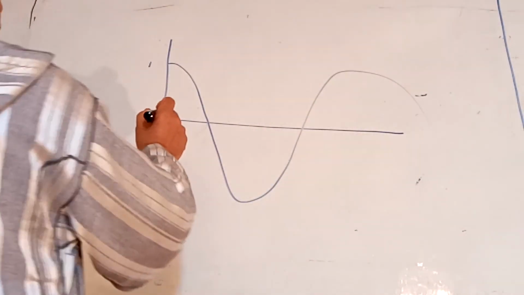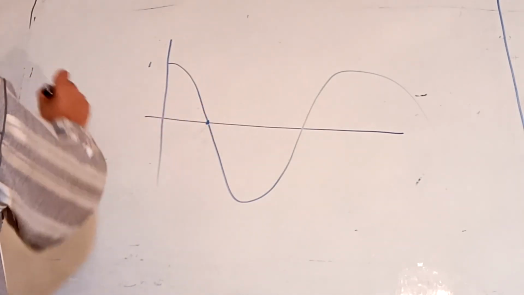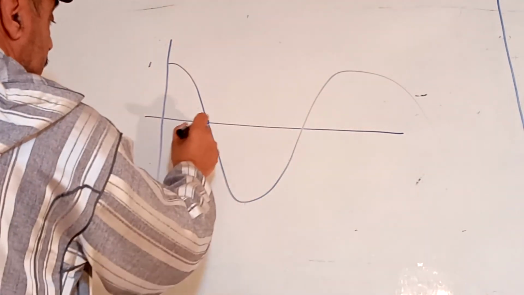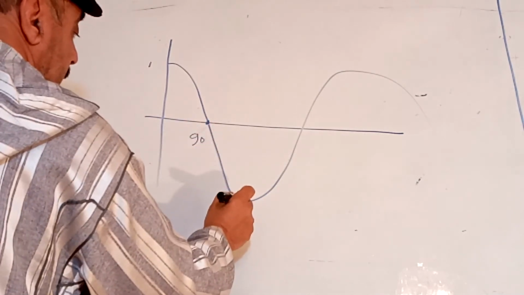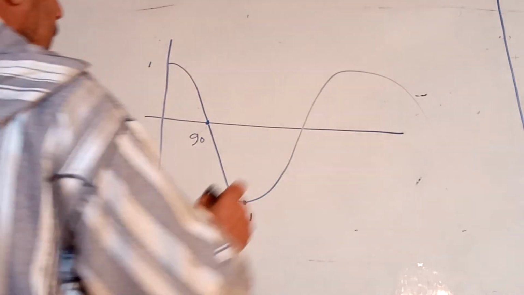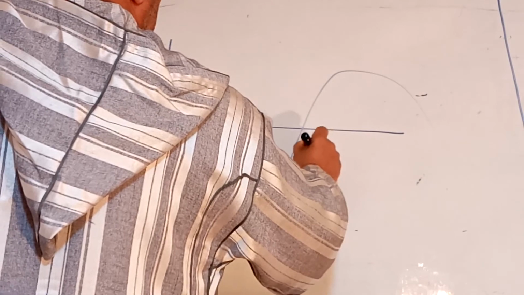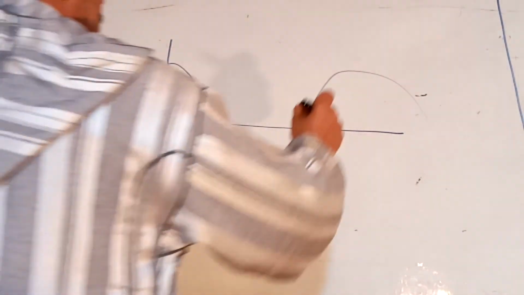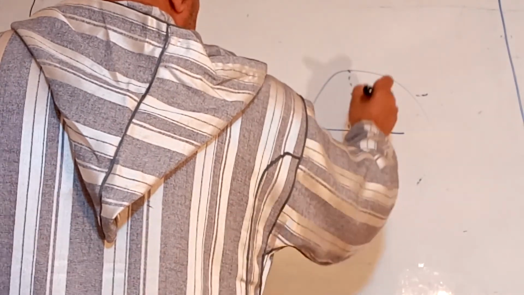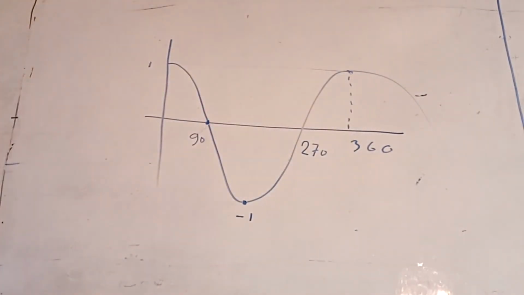So this is 90. We know that cosine 90 equals 0. This is 180, and cosine 180 is minus 1. This is 270, cosine 270 equals 0. And this is 360, which is equal to 1. So it will look like this.